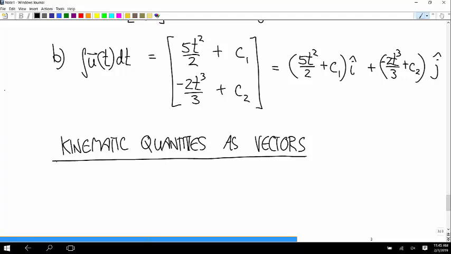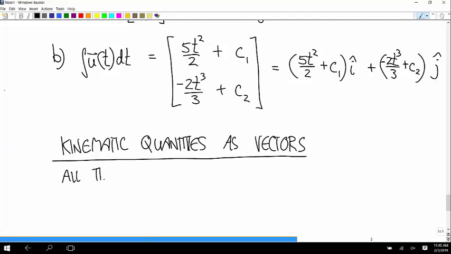So when we did motion along a line, the directional quantities, the quantities that had direction associated with them, time doesn't, but position does, displacement, velocity, and acceleration all do. And so now all of those things have to be vectors.